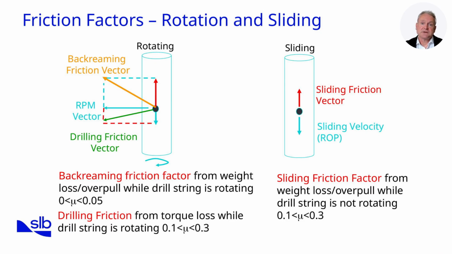Rotation therefore serves as a natural friction reduction mechanism. This explains why in practice rotary drilling can advance through high-angle intervals where sliding alone would not be effective. Engineers use these differences to assign appropriate friction factors when modelling torque and drag scenarios.